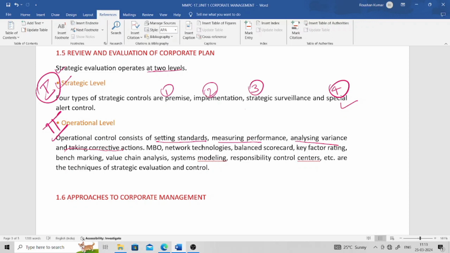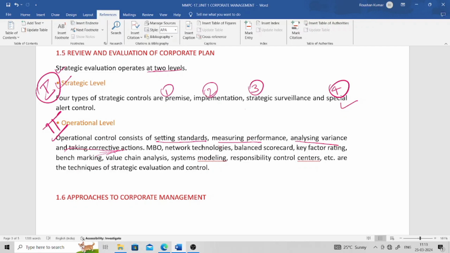In case of operational control, standards should be set, and in accordance with the standards, the plan should be executed. And if there is any deviation, or you can say variance, from the set standard, then that should be corrected. That's why corrective action is written here, it should be there in practice.